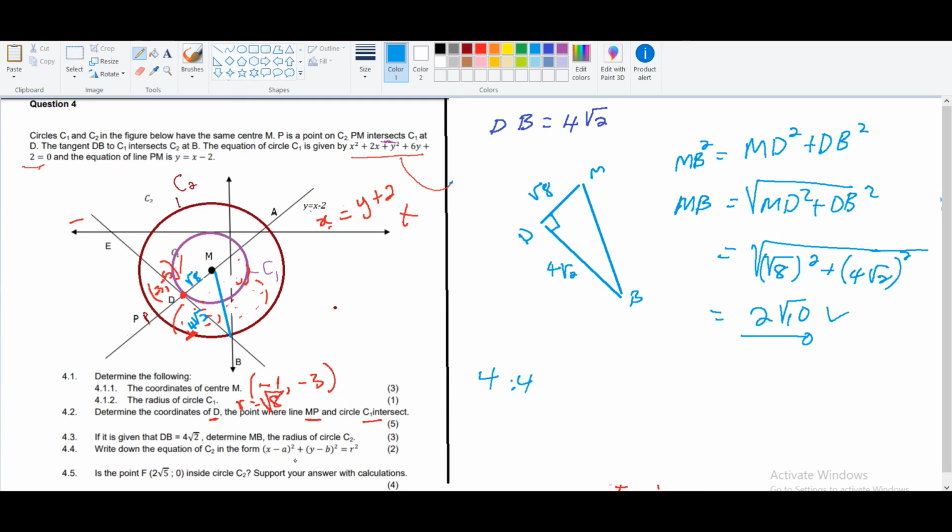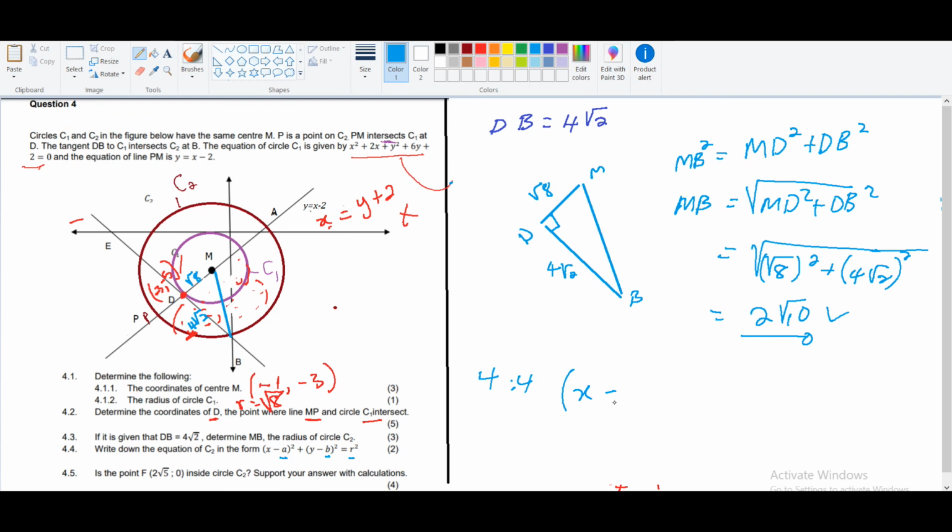The next question says write the equation in that format. So you know that A and B are the center, and this one is the radius. We found that radius. Now these are any points, so you just write them as they are. X minus A, but our center, remember, the center we said is -1 and -3.